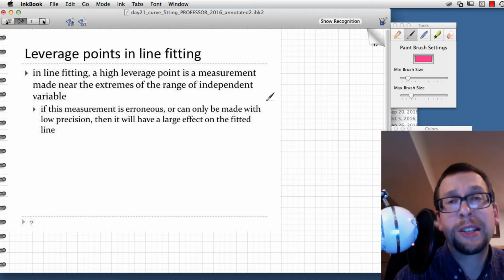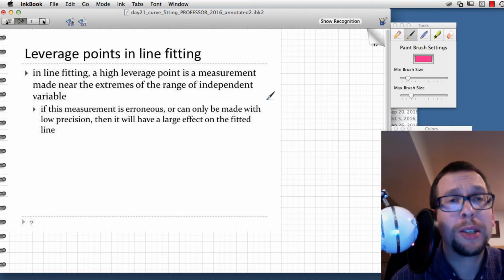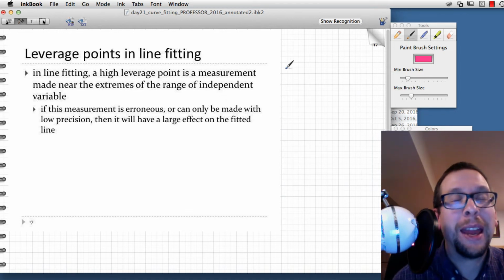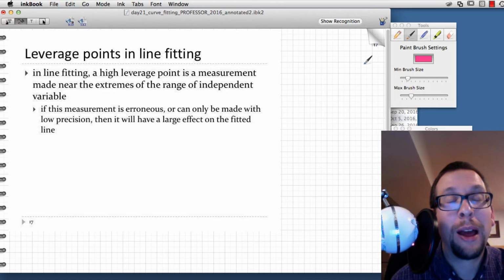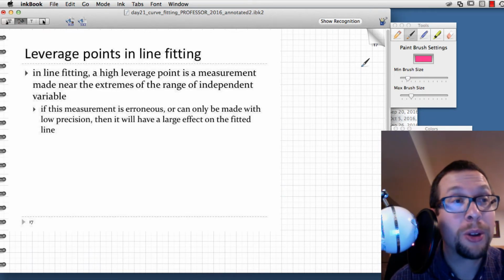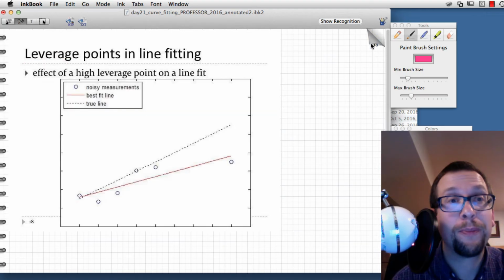Now, next thing to talk about is what happens when you've got anomalous or sort of outlier kind of data. And depending on how this data is set up, it can provide a stronger or weaker effect to this best fit line. And we can talk about that in terms of leverage.